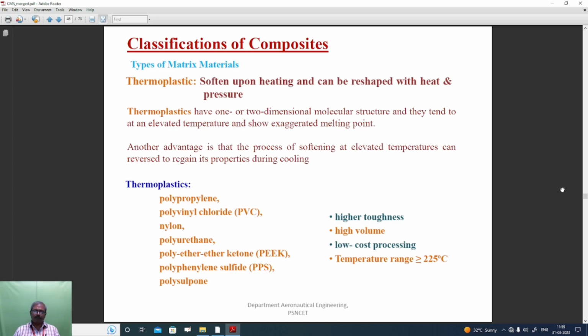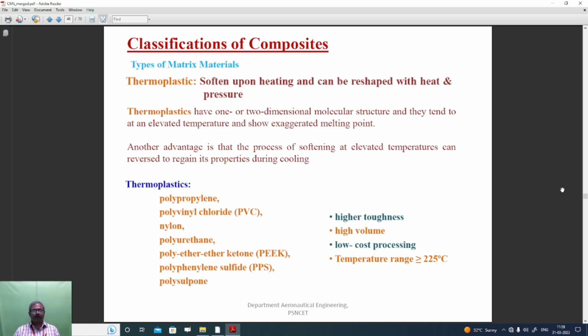Thermoplastics have one or two-dimensional molecular structure, and they tend to soften at an elevated temperature and show a definite melting point. Another advantage is that the process of softening at elevated temperature can reverse to regain its properties during cooling.